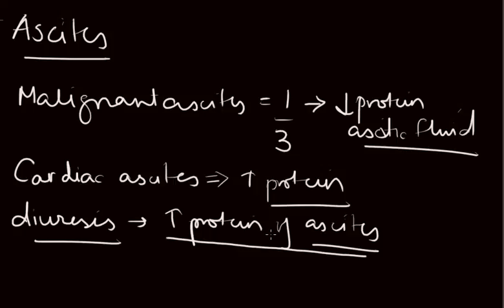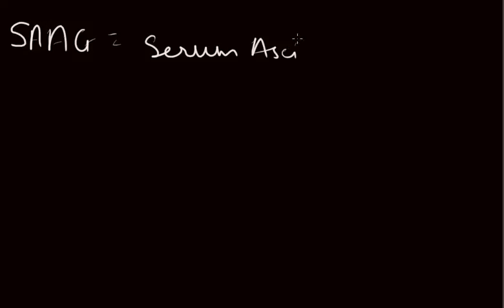There are many more reasons why the concept of exudates and transudates is not used in ascites. So to classify ascites, we use a different concept, which is called SAAG. SAAG stands for Serum Ascites Albumin Gradient.